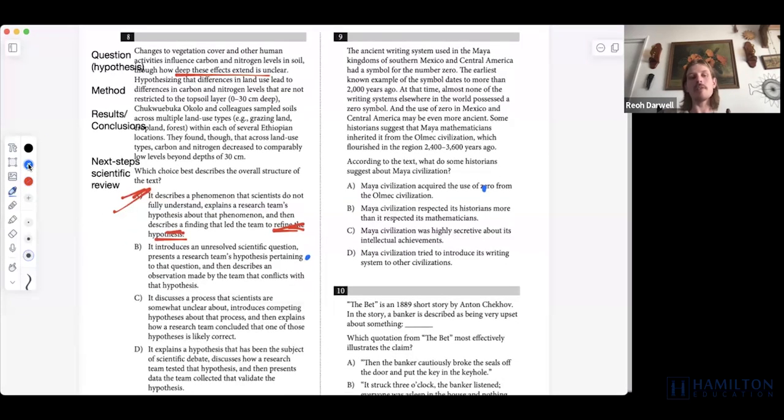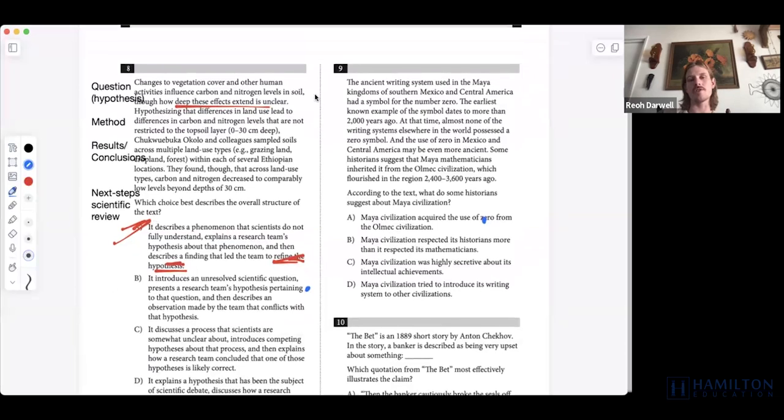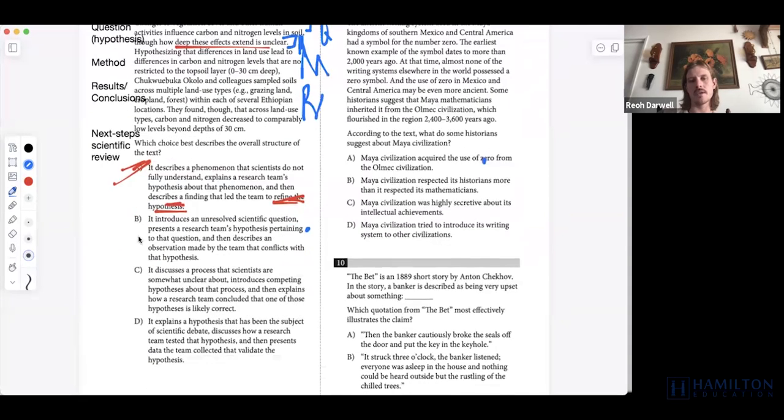B gives us perfectly how we would describe it. We get our question, then our hypothesis, our method, and then our results in conclusions. We see that in conclusion, this undermines our hypothesis.